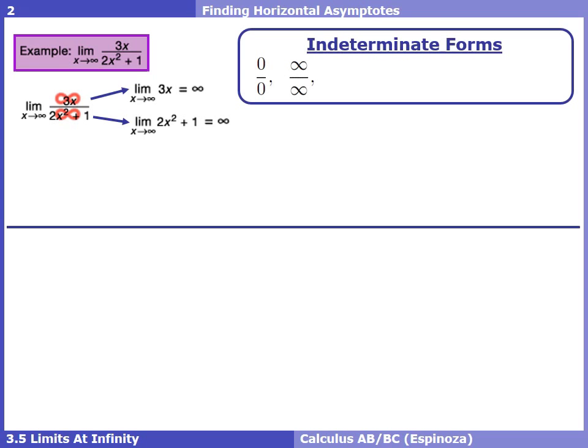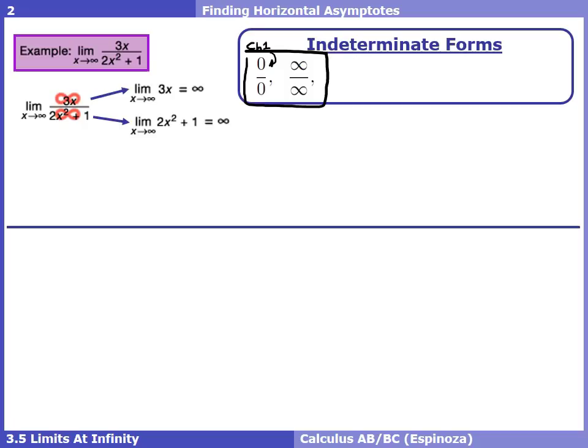And that's going to bring up a term you saw back in chapter 1, an indeterminate form. Back in chapter 1, you guys saw the indeterminate form 0 over 0, which meant you had to do some more work. We're going to add one more to that list, and that is the indeterminate form of infinity over infinity.